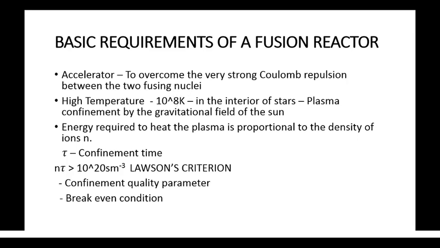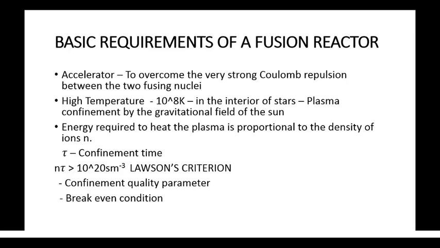So what happens in the interior of the stars? In the interior of stars, there is a state called plasma, which consists of gas having positive ions and negative electrons. So the main problem is that such a state must be there inside a fusion reactor. We know that for a fusion reaction to take place, high temperature is required, which is approximately 10 raised to 8 Kelvin.